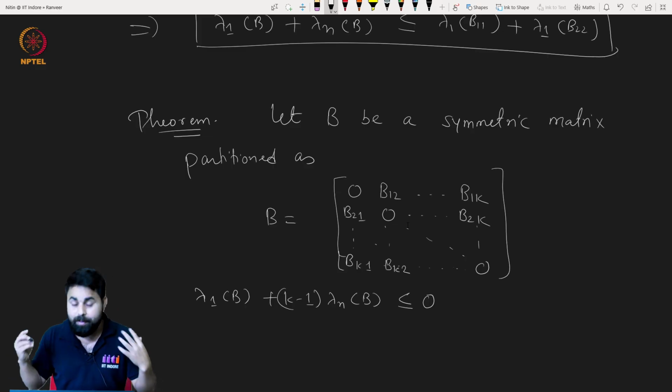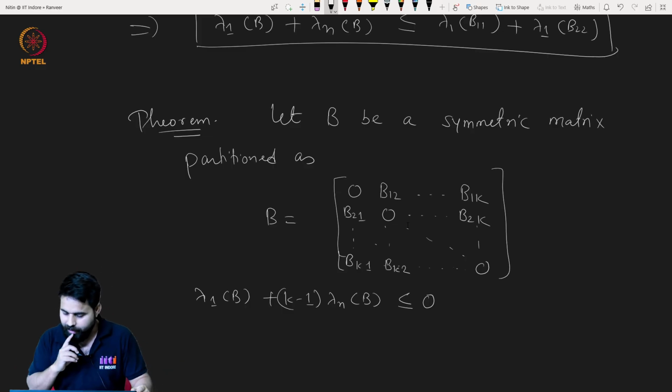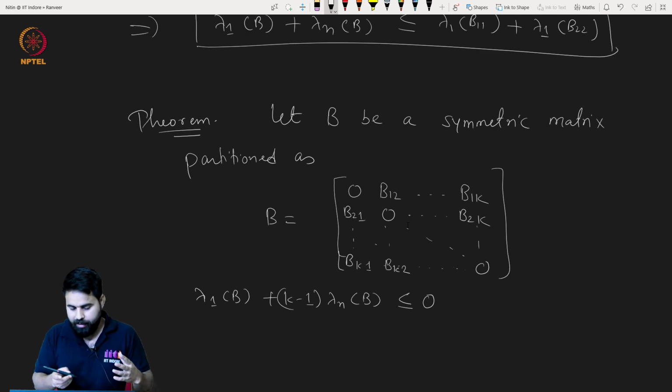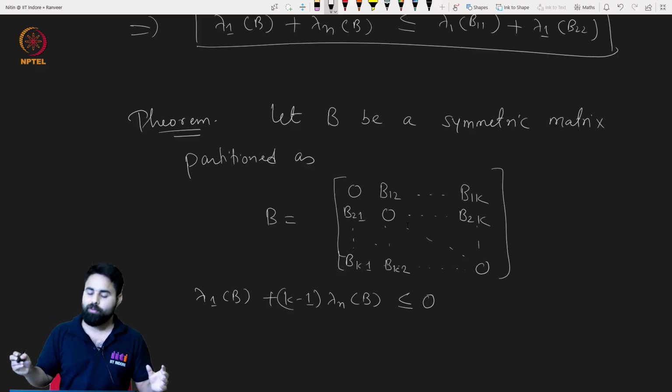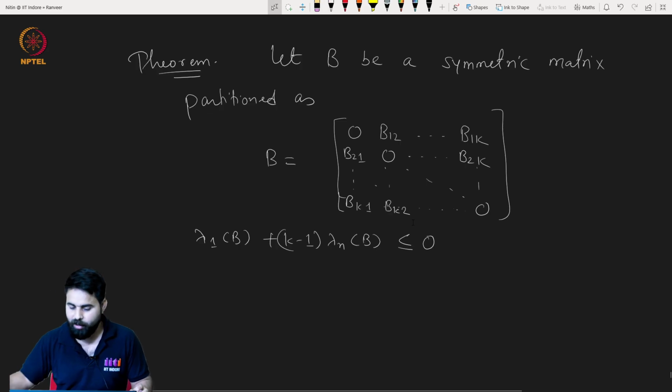Let b be a symmetric matrix partitioned as this. So there are k blocks, you can assume k cross k blocks. Then the bound on the eigenvalue of the bigger matrix is lambda 1 of b plus k minus 1 times the smallest eigenvalue. The sum of these two quantities is always non-positive.